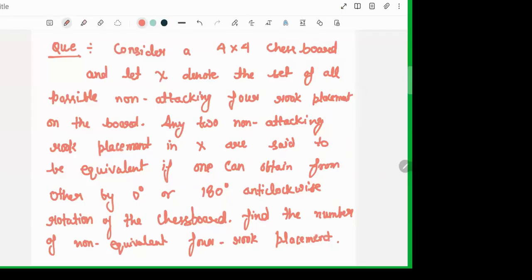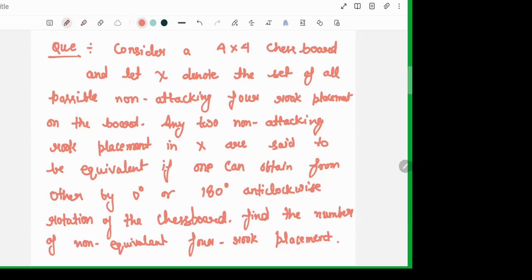So what is the problem asking? We are given a 4x4 chessboard and X denotes the set of possible non-attacking four rook placements on the board. Any two placements in X are said to be equivalent if one can be obtained from the other by 0 degree or 180 degree anti-clockwise rotation of the chessboard.